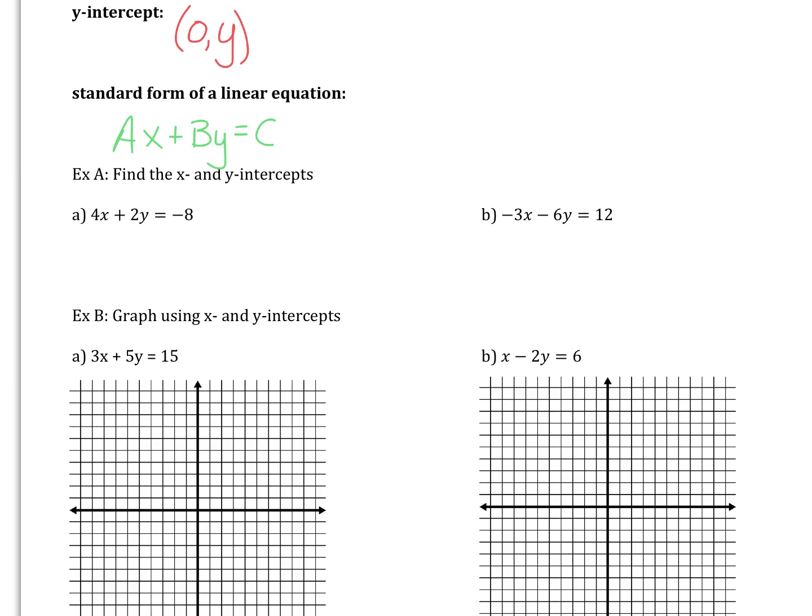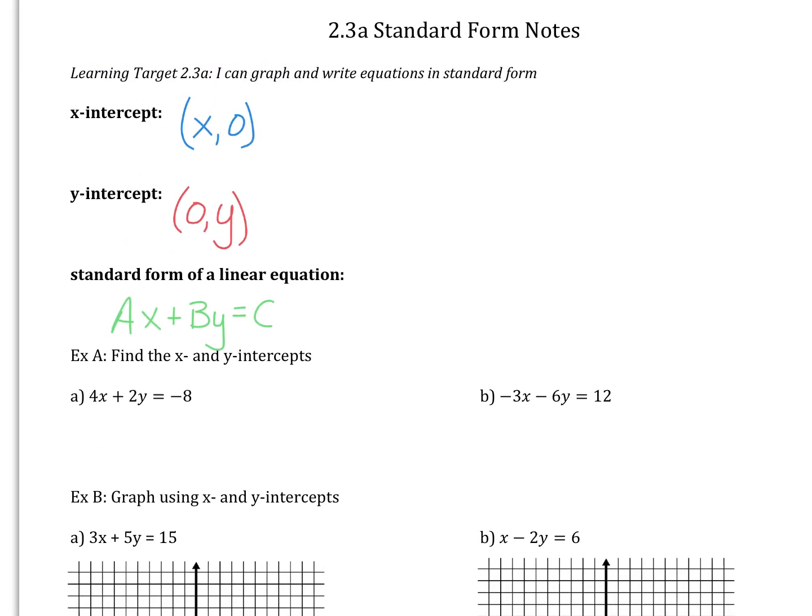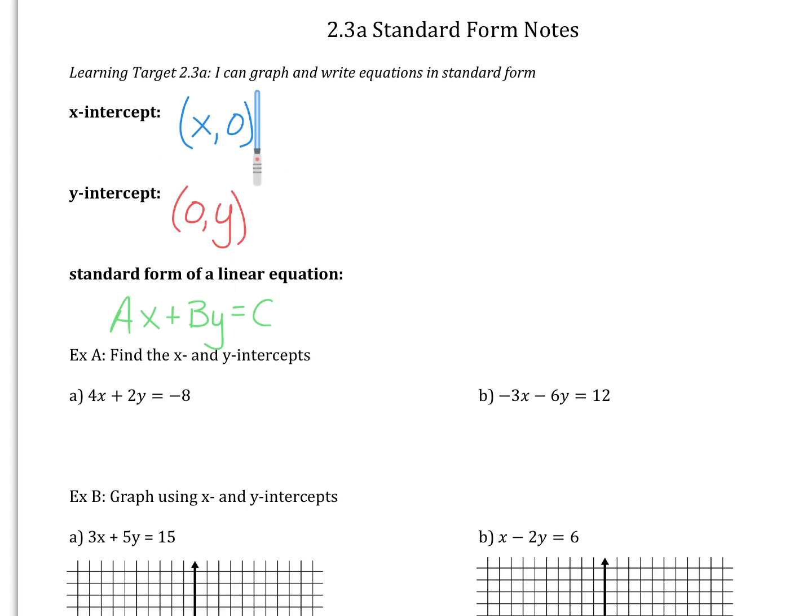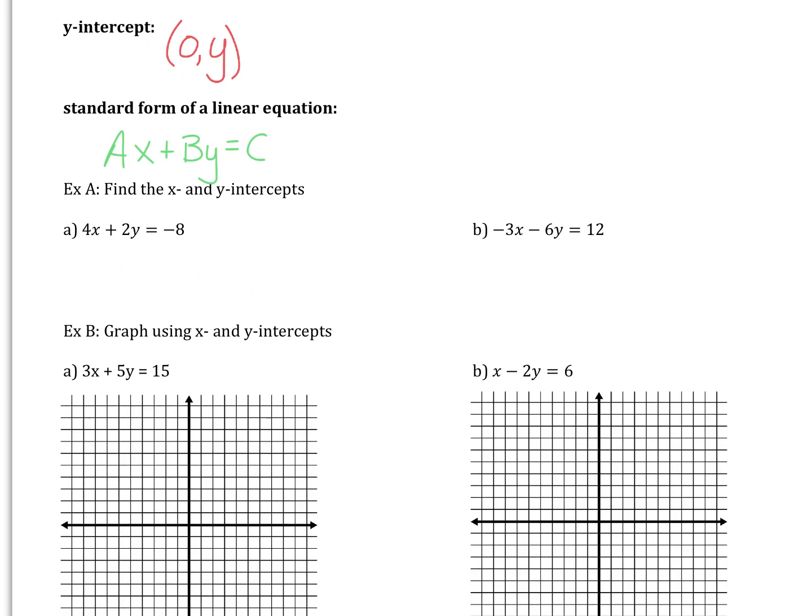So for example, part A here, I want to find the x and y intercept. So going back to the reason that I had you guys write down that the x-intercept is when we have some value for x but y is 0, we're going to use that down here to find the x and y-intercept. So if I want to find the x-intercept, that means that 0 is going to be the y value.